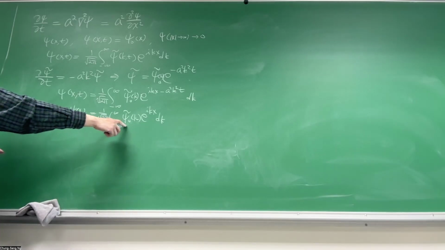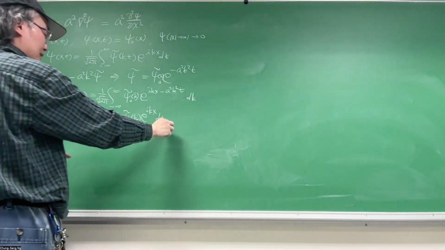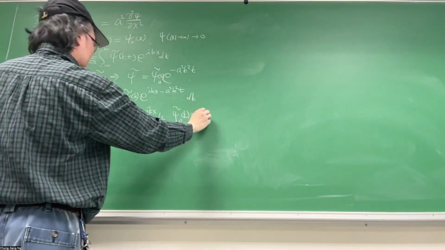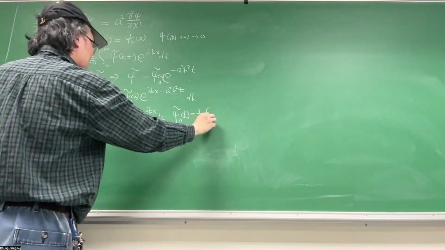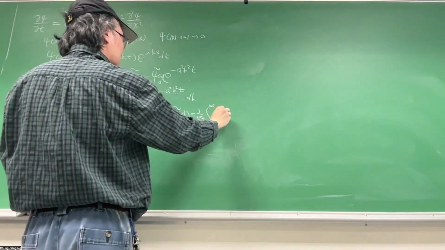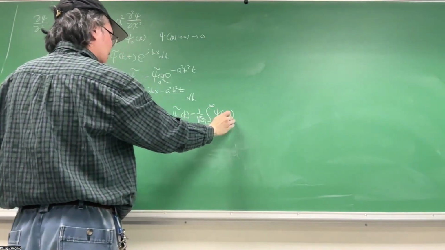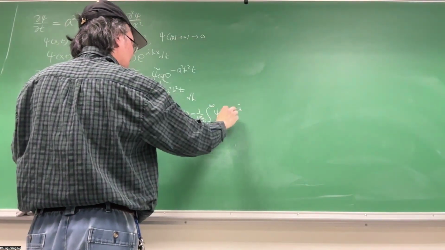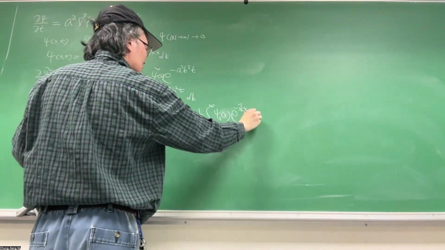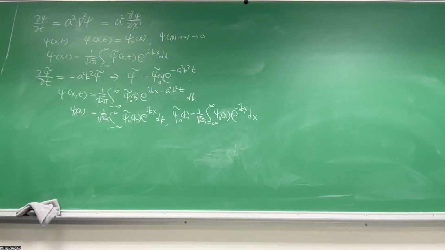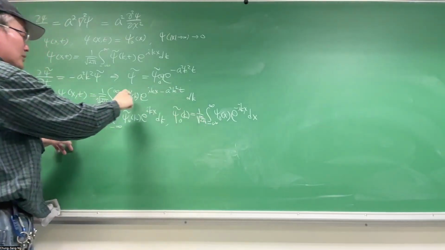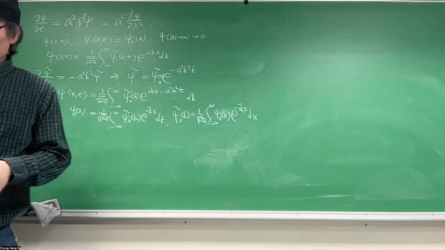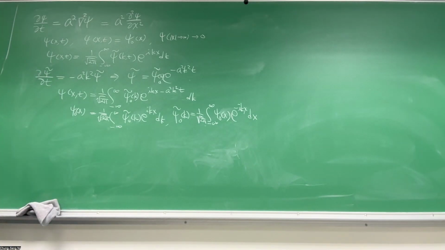And then you can solve for psi tilde 0 of k by the transform formula, right? We did that many times. It's easy to do, just need to change the sign. So you do that and put it into here, then you get the solution.